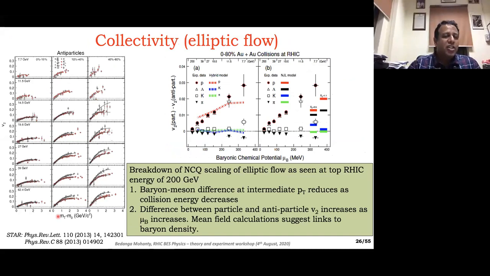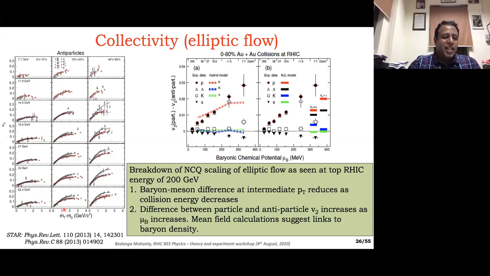All the data shown in gray are for baryons and the red are for mesons. 7.7 GeV gold-gold collisions to 62.4 GeV gold-gold collisions data has been presented here, for 3 different collision centralities: 0 to 10% central, small impact parameter, 10 to 40% mid-central, and peripheral collisions 40 to 80%.